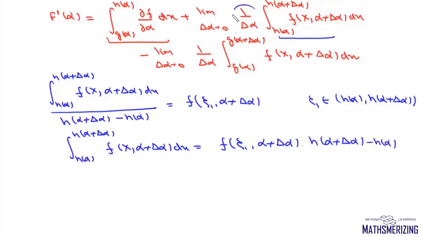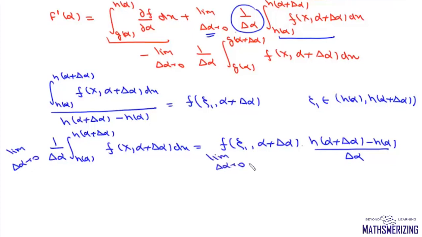Now we also have this 1 upon delta alpha. We'll multiply it with 1 upon delta alpha, and then we'll take this limit delta alpha tends to 0. Now when this limit delta alpha tends to 0, this is nothing but the derivative of h with respect to alpha. So it'll be nothing but h dash alpha. Now what about this function?